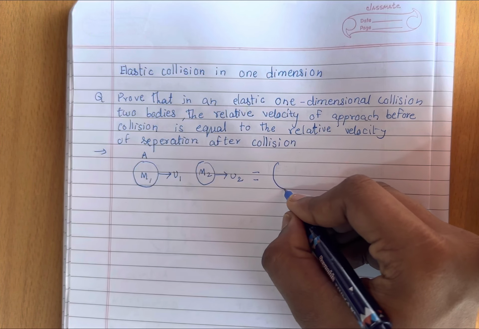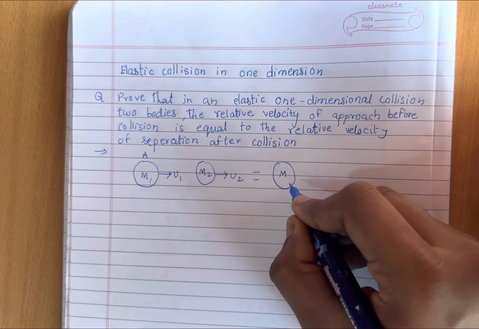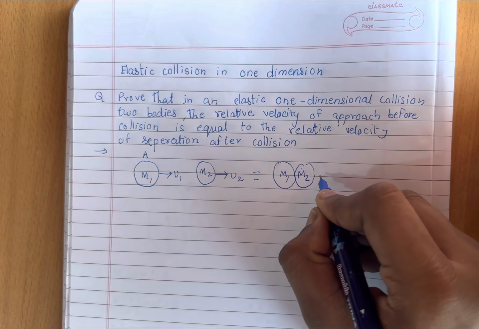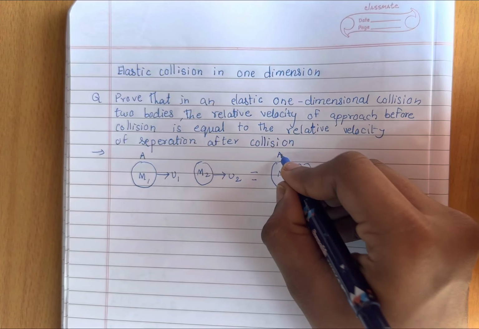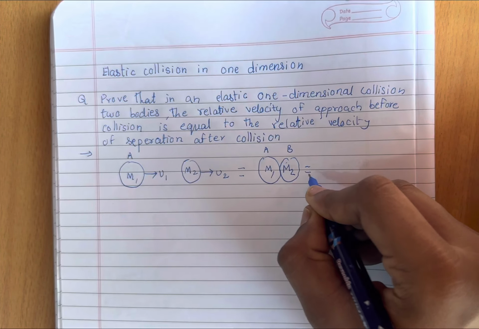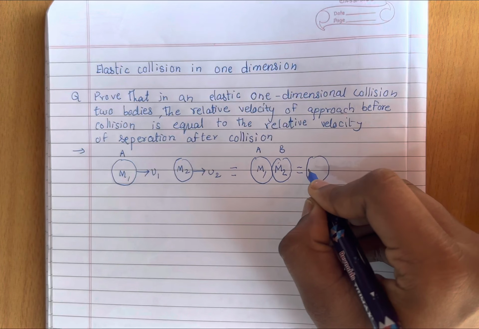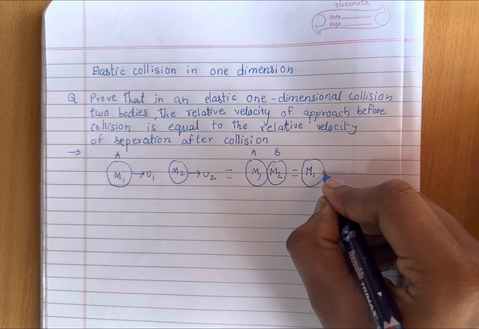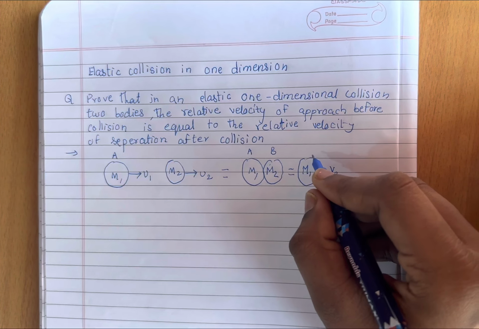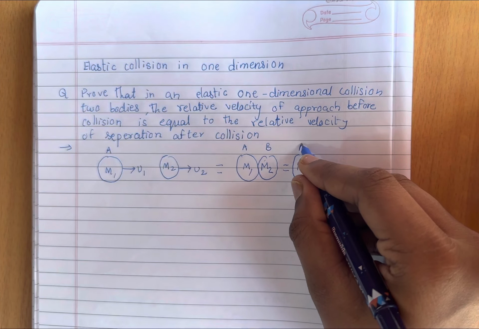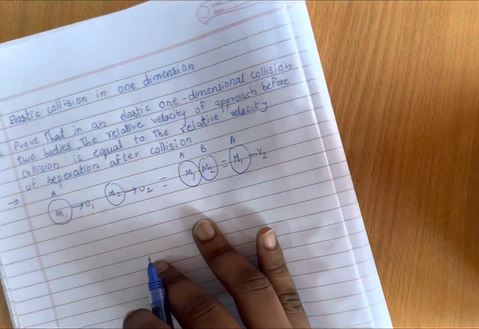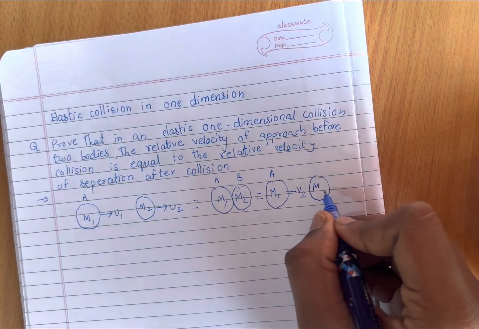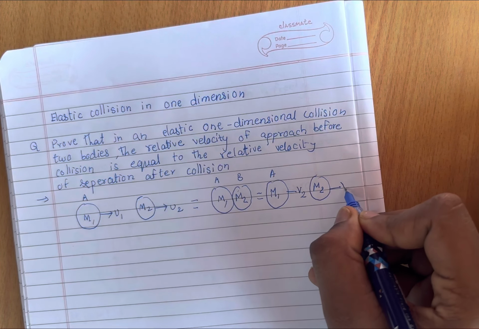After collision, the object A will have velocity v1 and mass m1, and the object B will have m2 and v2.